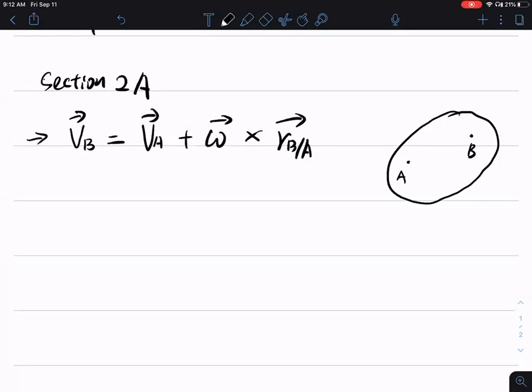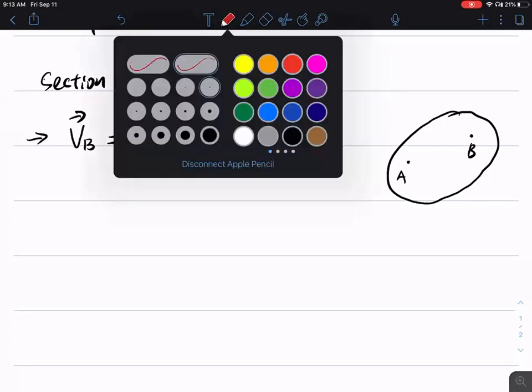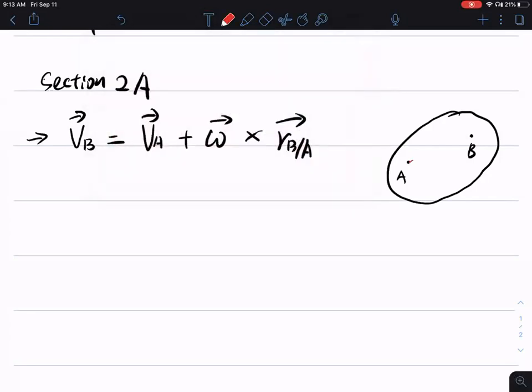Okay. Now let's look at this term, RB/A. Write it down. That is the position vector pointing from A to B. So it's a vector pointing from A to B. The letter after that slash is your starting point. The letter before that slash sign is your end point.